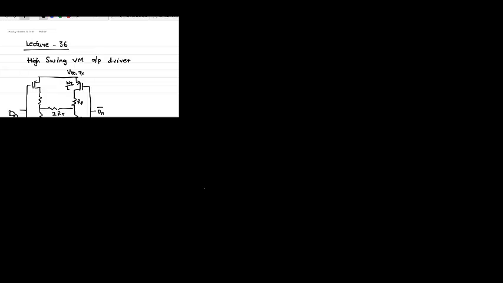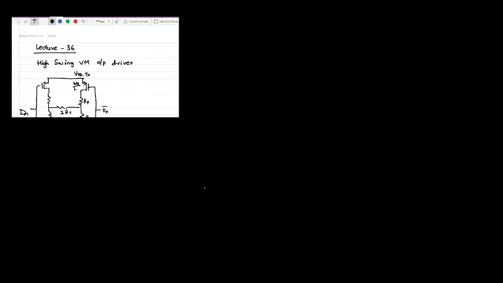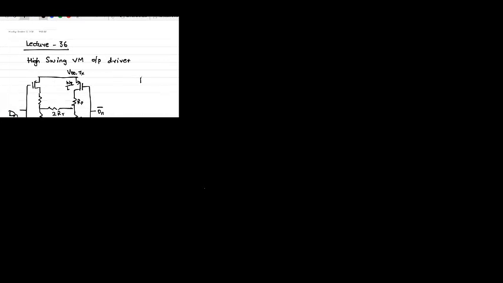Now the simplified version of this output driver will be that you have a resistance plus an ideal switch.